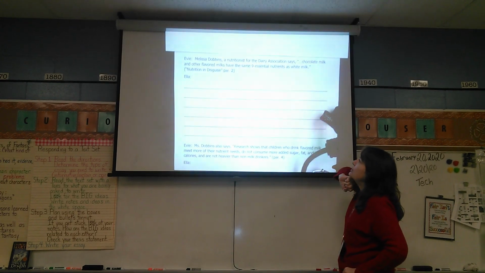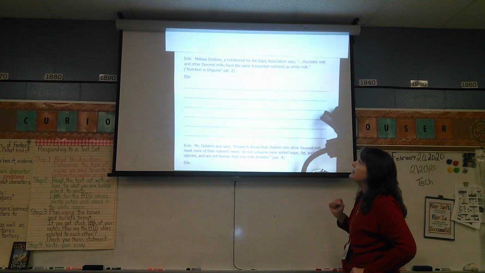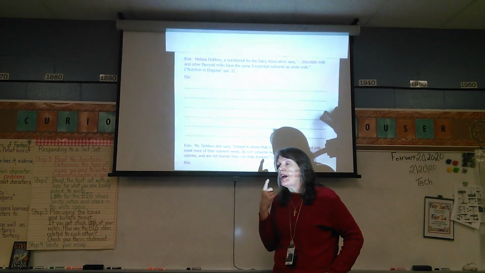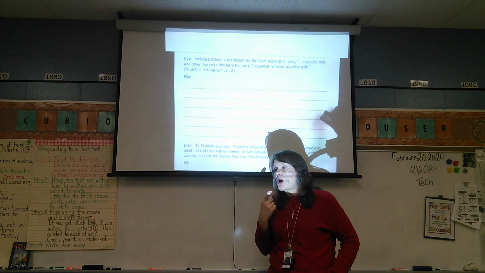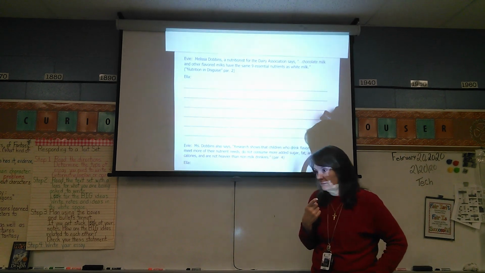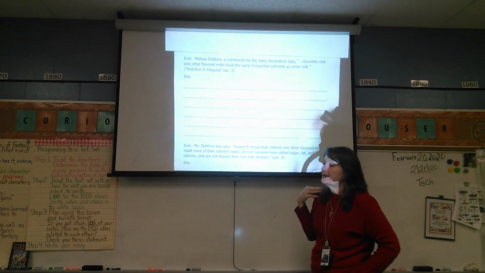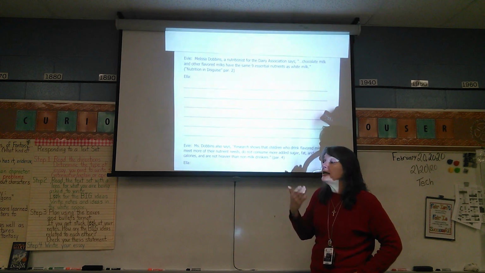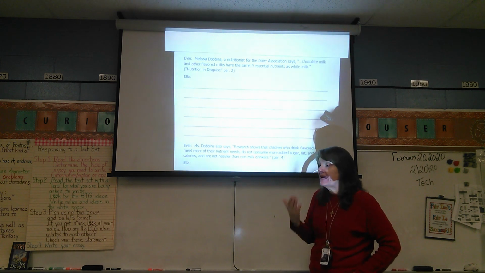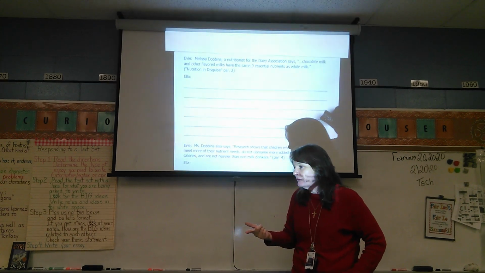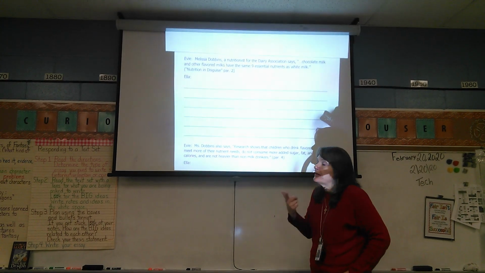Melissa Dobbins, a nutritionist for the Dairy Association, says chocolate milk and other flavored milks have the same nutrients as white milk. And we said, let's imagine that this is appearing in a paragraph. That's the main idea, that chocolate milk is healthy. All right? So when you go to elaborate, you might want to say something like, our body needs certain things in order to function properly and grow. Those are 2 things about being healthy.